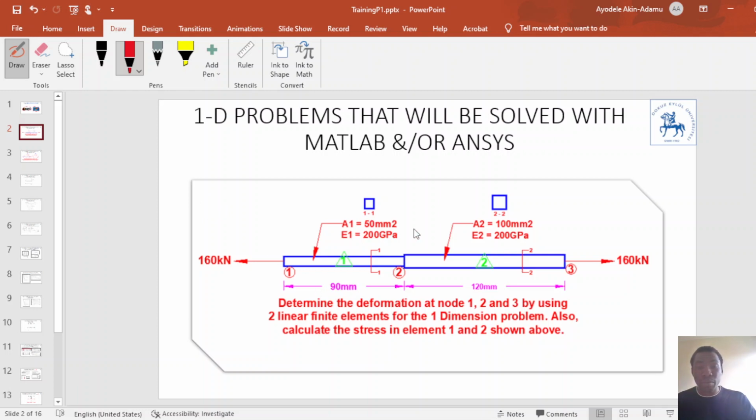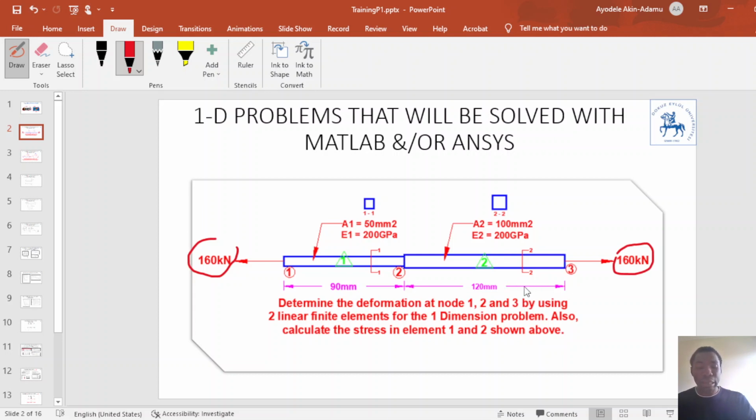This is one of the problems that will be solved using the finite element procedure. This is a bar element under 160 kilonewton tension load, as you can see. It has two parts, part 1 and part 2. Element 1 is between node 1 and node 2, and the second element is between node 2 and node 3.